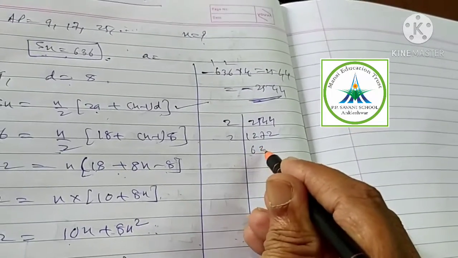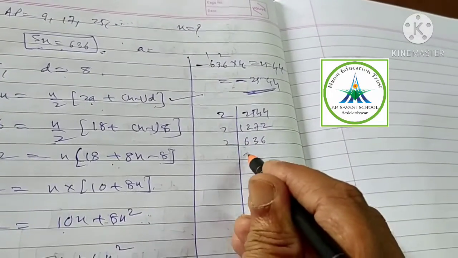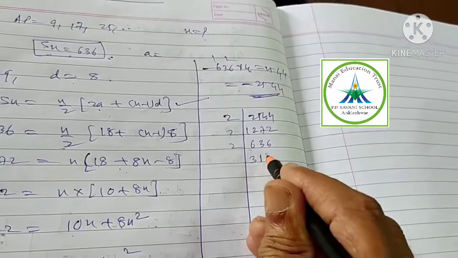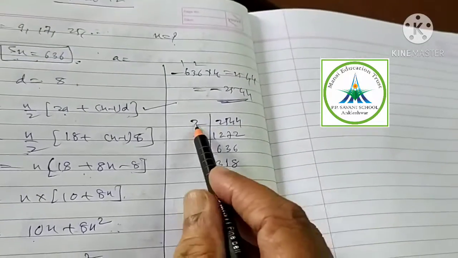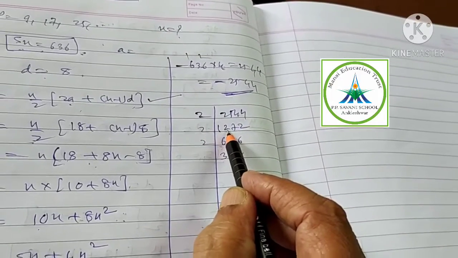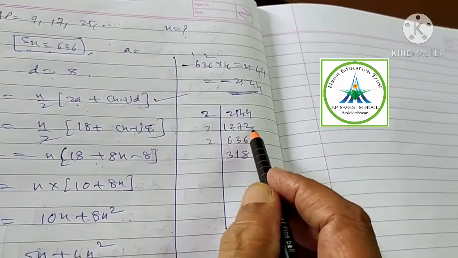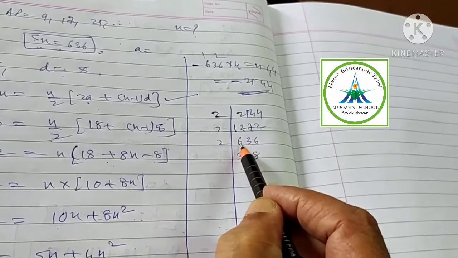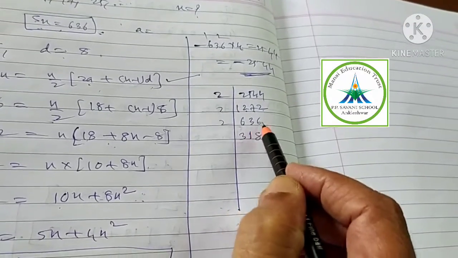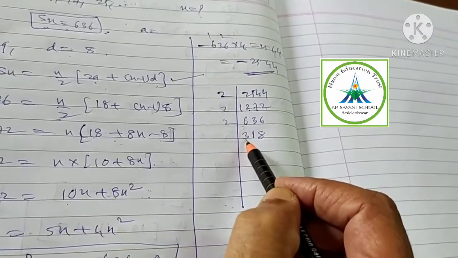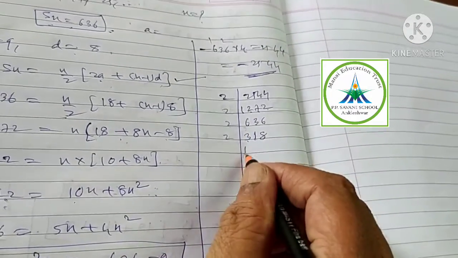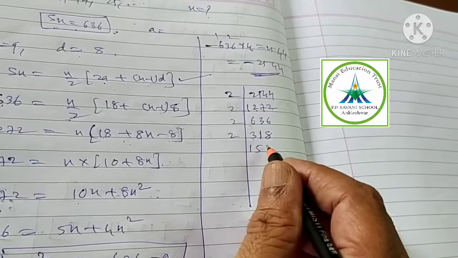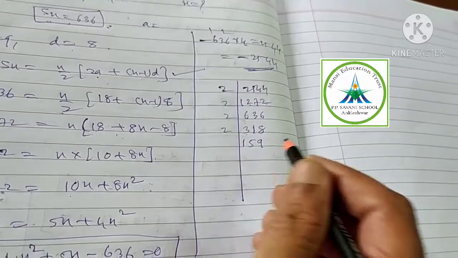Again, see, just try to do it. Please factorize properly. You are getting 2 ones are 2, 2 twos are 4, remainder 1, 2 sevens are 14, 2 twos are 4, 2 sixes are 12, 2 threes are 6, remainder 1. Now again, 2 ones are 2, 2 fives are 10, 1, 2 nines are 18.